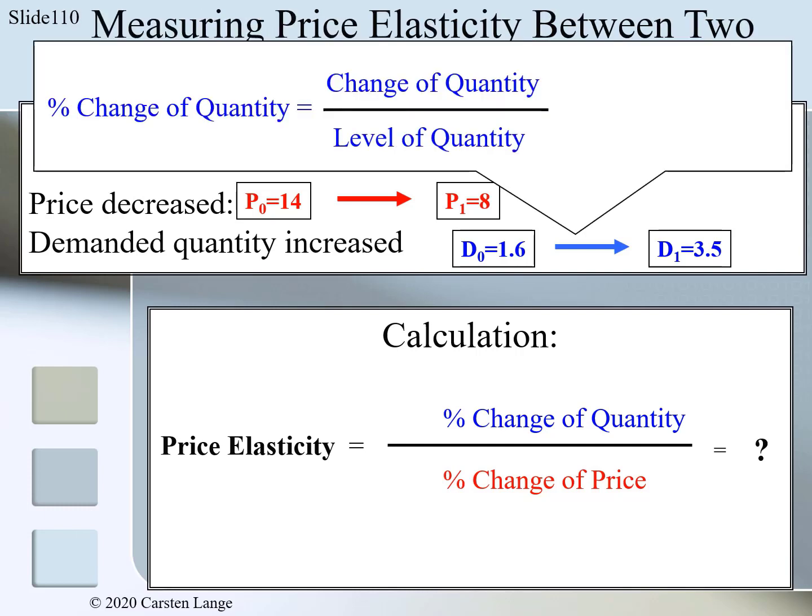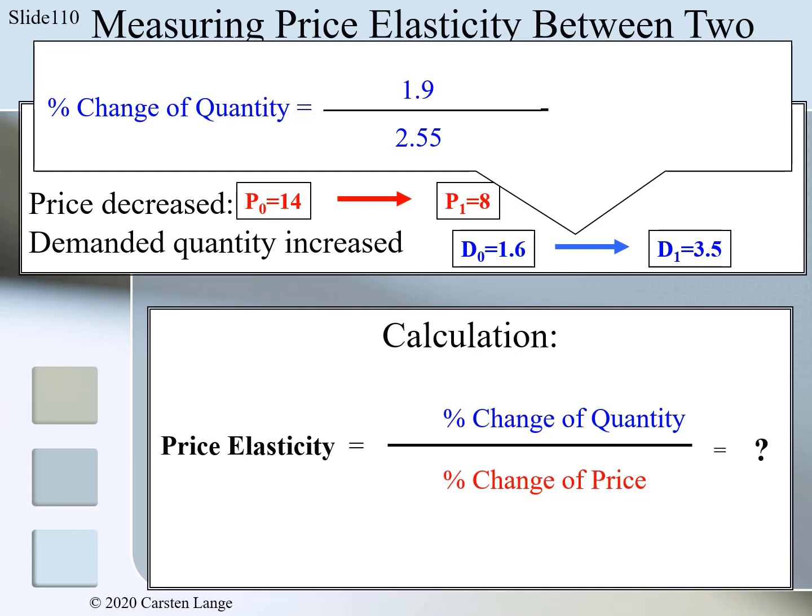The quantity demanded increased from 1.6 to 3.5. Therefore, the change was 3.5 minus 1.6, which equals 1.9. To calculate the level of quantity, we again use the midpoint formula. 3.5 plus 1.6 divided by 2 equals 2.55, which is exactly the middle between 1.6 and 3.5.